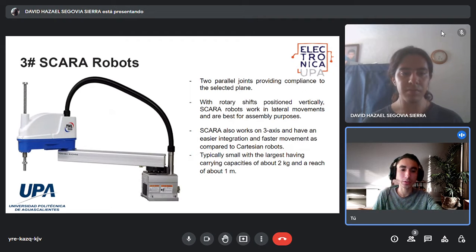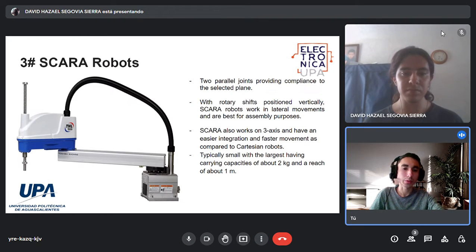Thirdly, we have the SCARA robots. The acronym is Selective Compliance Assembly Robot Arm, also known as SCARA. They have a donut-shaped body and consist of two parallel joints providing compliance to the selected plane.